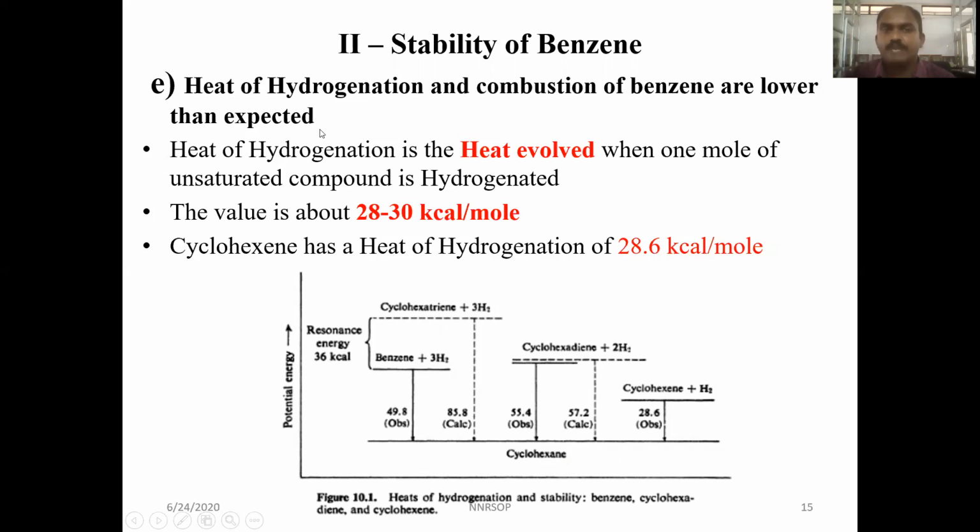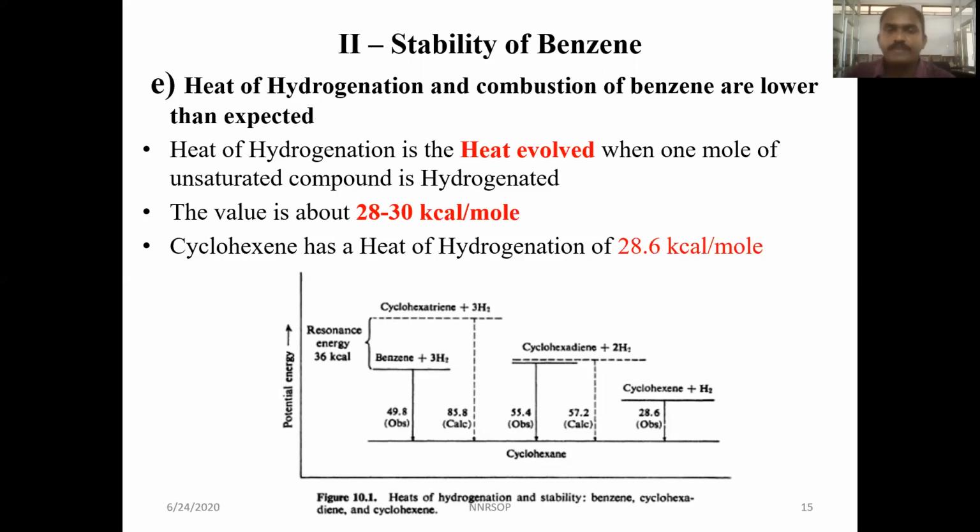What is heat of hydrogenation? It is the heat evolved when 1 mole of unsaturated compound is hydrogenated, meaning when one double bond is converted to a single bond, heat is evolved. That heat we call heat of hydrogenation.